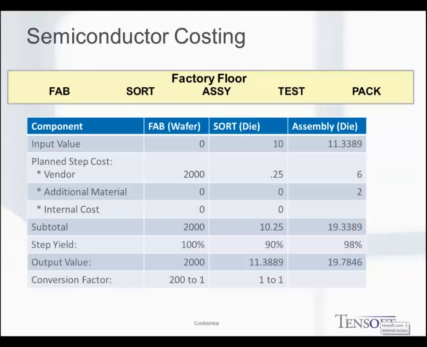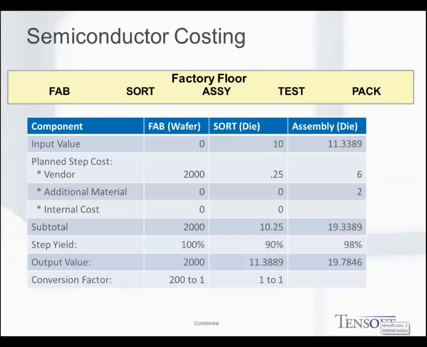And if you think about the equation from a costing perspective, if you had 1,000 die at $10.25, or if you had 900 die at $11.39, that's going to be the equivalent dollar value in the end.